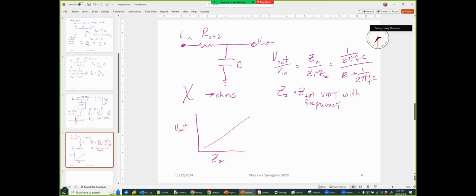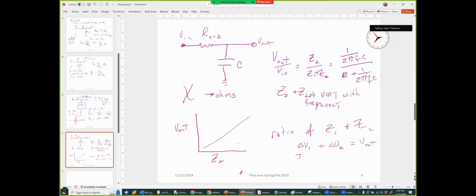Because what happens is you're looking at a ratio of Z1 and Z2. And so delta V1 plus delta V2 has to equal V total.